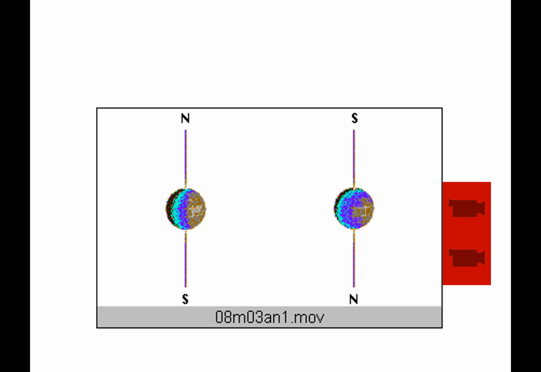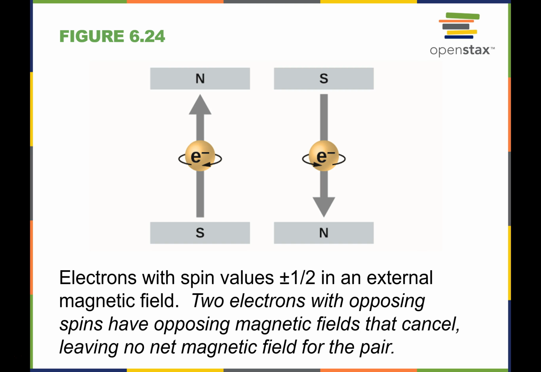Yes, magnetism. Okay, unpaired electrons, and we call this paired electrons. So here is an OpenStax figure showing you can see the rotation here. This would be clockwise here, and counterclockwise here, creating a magnetic field in opposite directions.